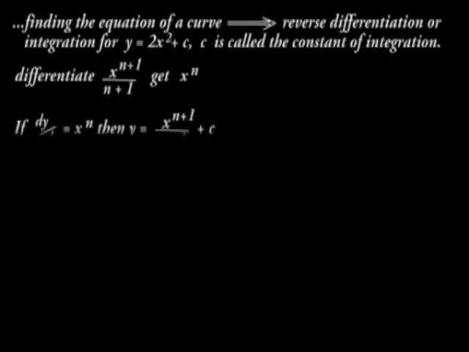If we differentiate x raised to n plus 1 over n plus 1, we shall get x raised to n. Thus, if dy over dx is equal to x raised to n, then y is equal to x raised to n plus 1 over n plus 1 plus c.